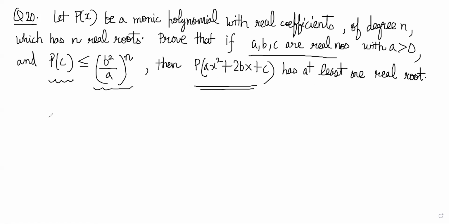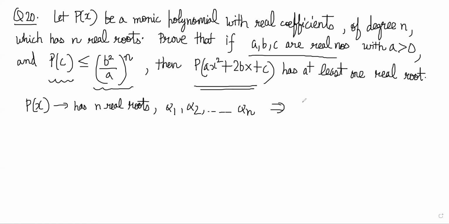So think about it, if p of x is degree n and has n real roots, let's call the real roots alpha 1, alpha 2 till alpha n. That implies p of x can be written as x minus alpha 1, x minus alpha 2 till x minus alpha n. Because it is a monic polynomial, the coefficient at the top is 1.